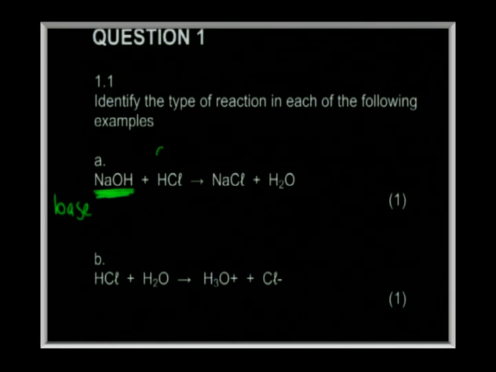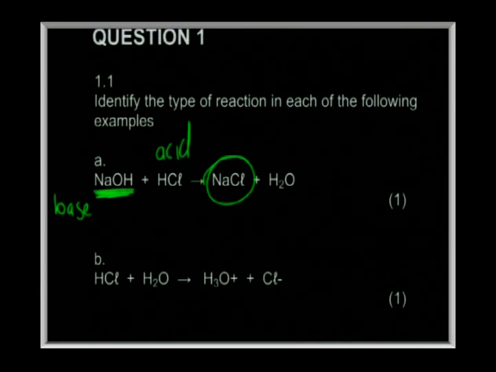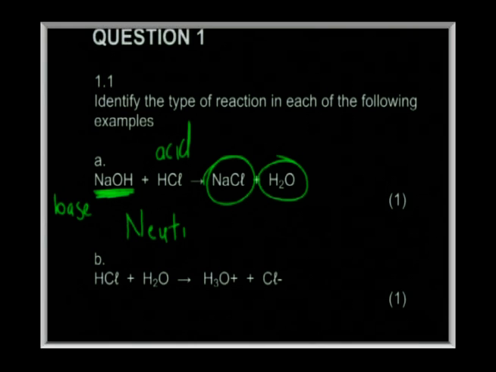HCl is an acid. Add the two together and I end with NaCl, which is a salt, and water. And that definitely tells me that my first reaction is a neutralization reaction. Easy one to spot as long as you know what you're looking for.